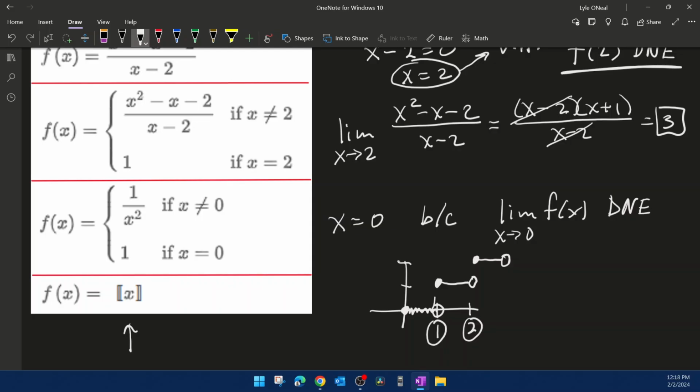However, if you consider the limit, say in this case, let's consider the limit as x approaches 1 of the greatest integer function. What you're going to approach from the left is a height of 0, but from the right, you're approaching a height of 1. So the limit is not going to exist because you don't approach the same height from the left and the right.